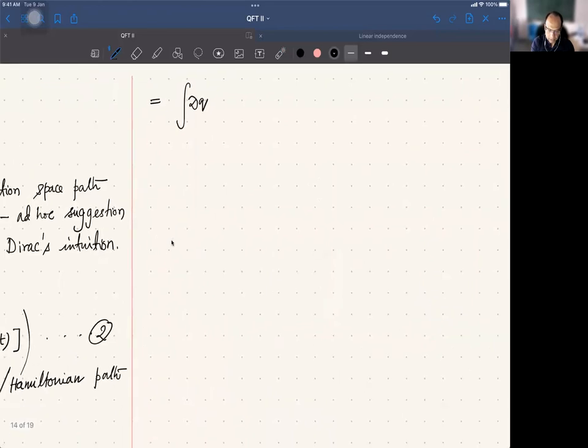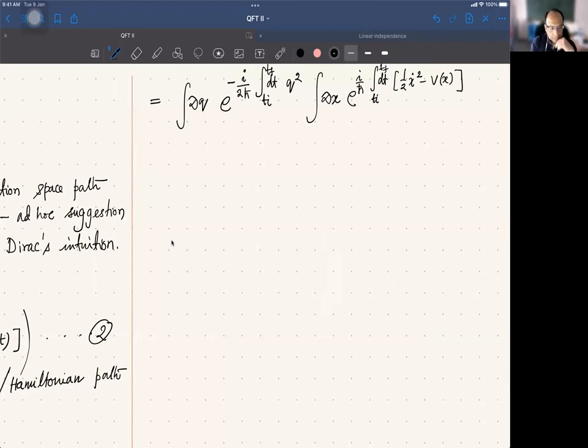That is e to the power minus i by 2 h bar integral dt from ti to tf of q square, and then the rest is the x integral, e to the power i by h bar integral dt from ti to tf of half x dot square minus V of x.